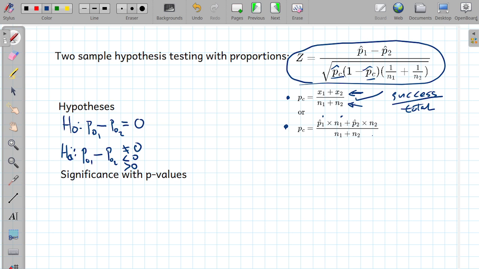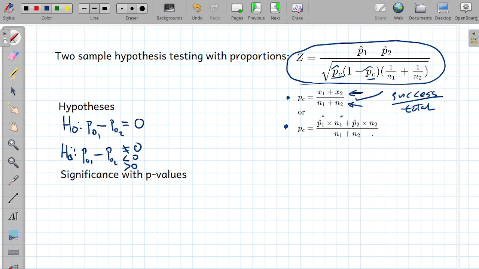We're only going to chase down significance with p-values in this discussion. I'm going to save the use of critical values for when we get to working with means in the next few lectures, because with the t-table being a cutoff table, it can be done either way just as easily. But with proportions, because we have access to the z-table, we can get p-values quite easily. Anyway, that'll come up.